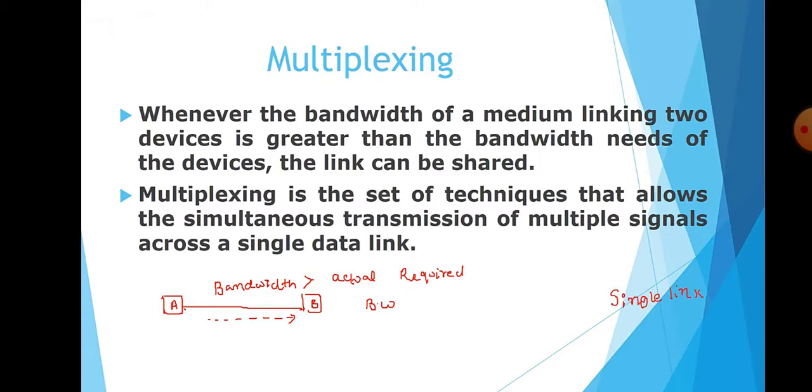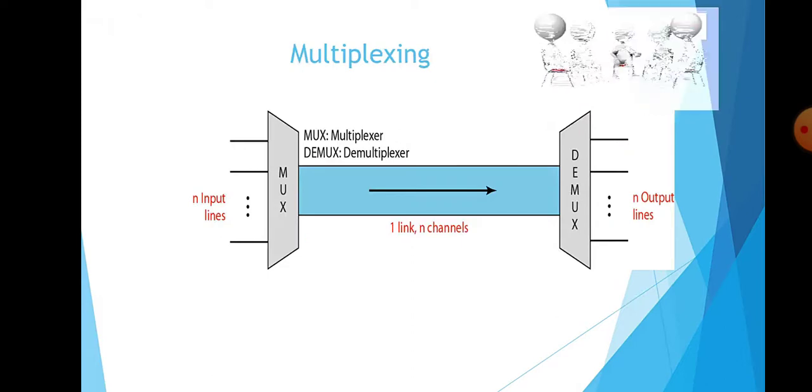Here, n lines can share the bandwidth of one link. So the diagram shows how we can perform multiplexing and demultiplexing operations.